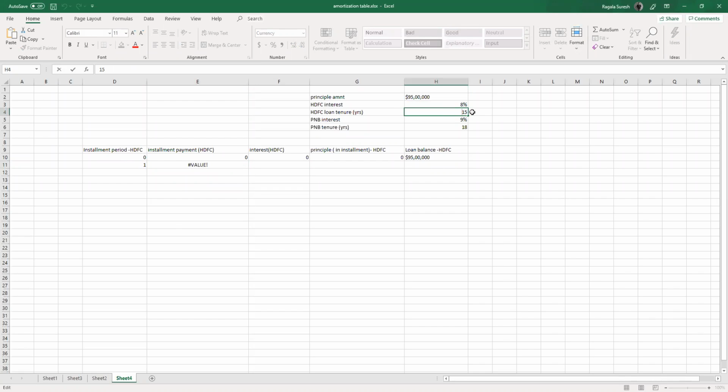I think this is something wrong. 15 years. Tenure in years. Yeah, it is right. You are freezing it, huh? The dollar. Okay. Yeah, that is okay.